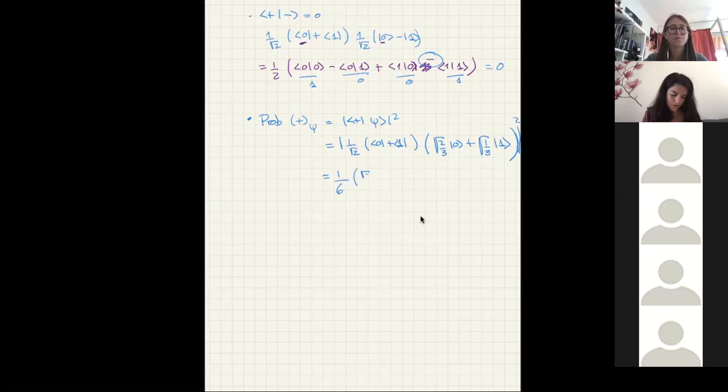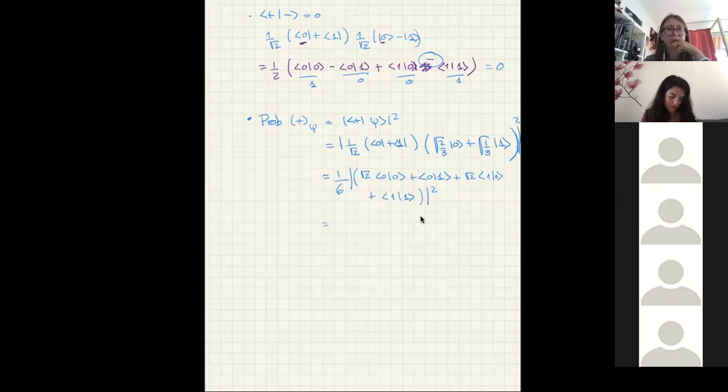And now we have here square root of 2, 0, 0, plus 1, 0, 1, plus square root of 2, 1, 0, 0, plus 1, 1, right, squared, of which the only 2 terms that survive is this.